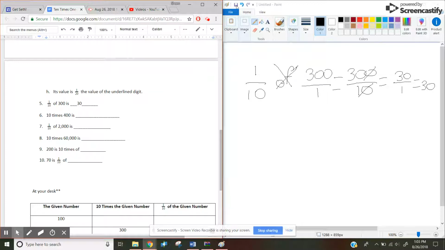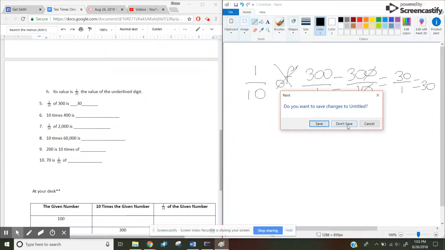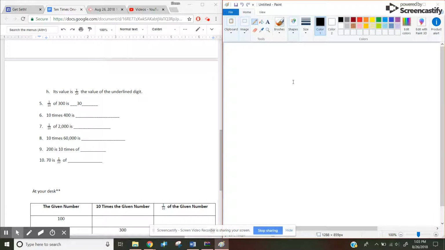Now let's look at number 6. This one is different from number 5. Number 6: 10 times 400 is, okay? I see times, so that means I have to multiply.